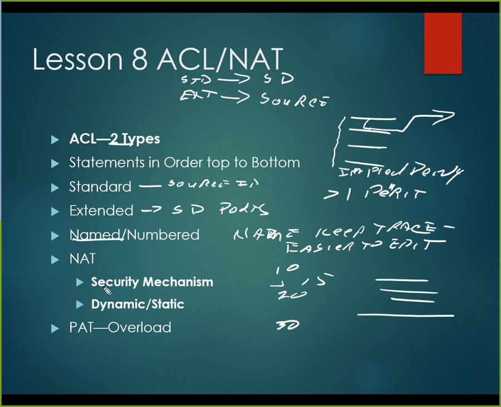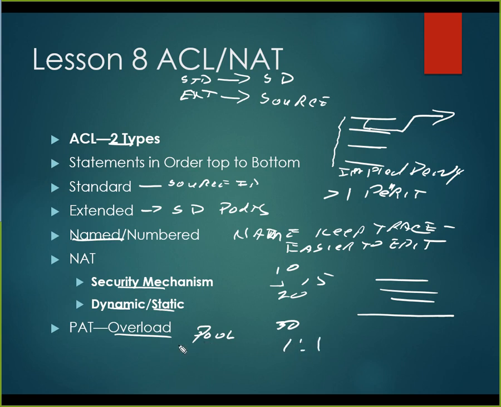NAT is a security mechanism, and that was the first statement that they had. It's also, and this is my statement, a way to extend the IPv4 address space. Of course, proxy servers are also. We had dynamic NAT and static NAT, and then we had overload, which was PAT. The dynamic, we had a pool of addresses. Static was a 1-to-1.